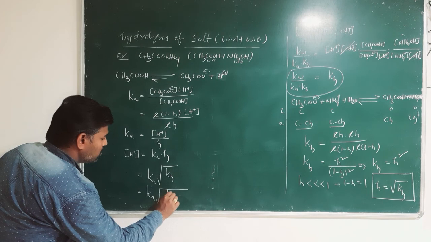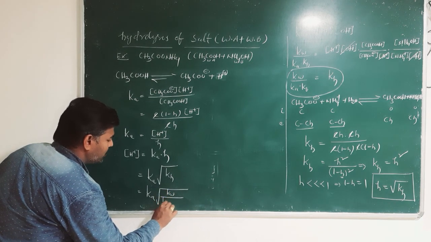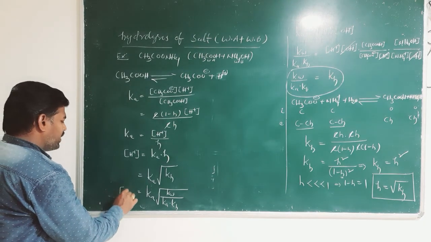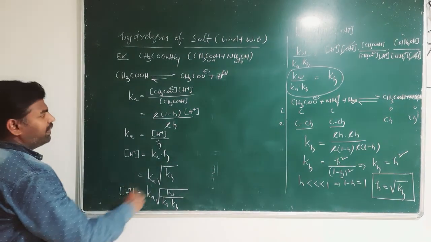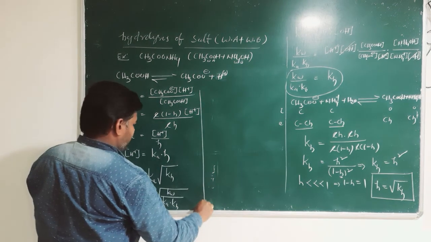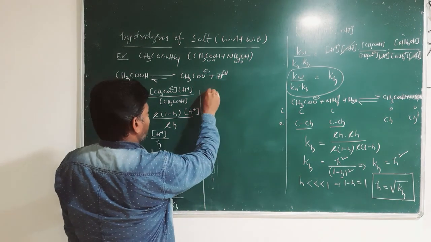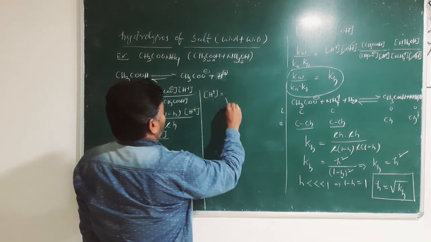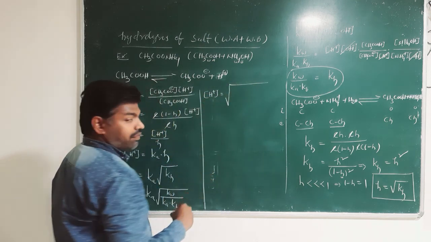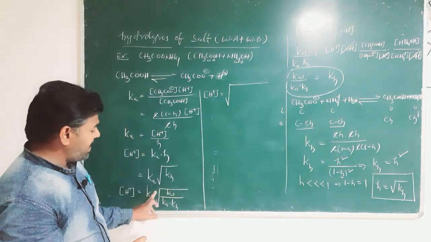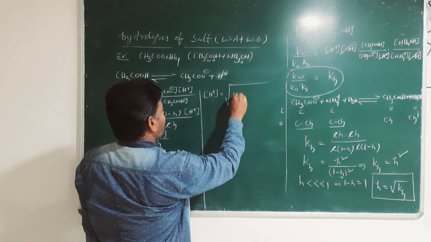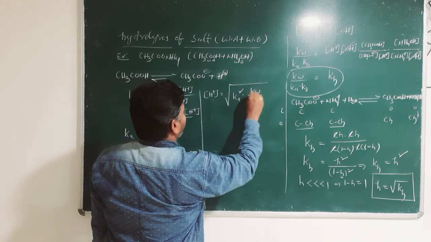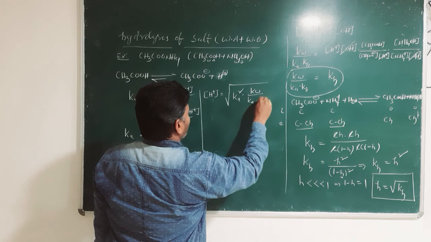In the next step, for my convenience, we can write this equation as concentration of H plus ions is equal to Ka square into Kw by Ka Kb.